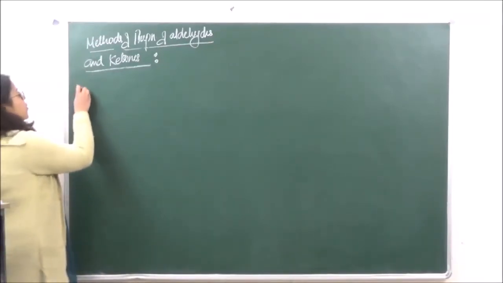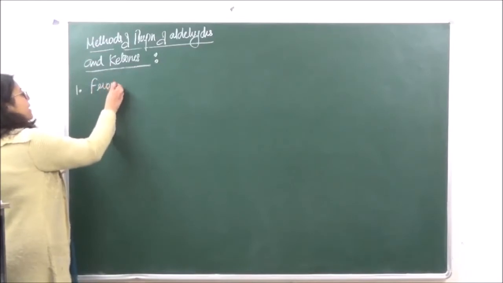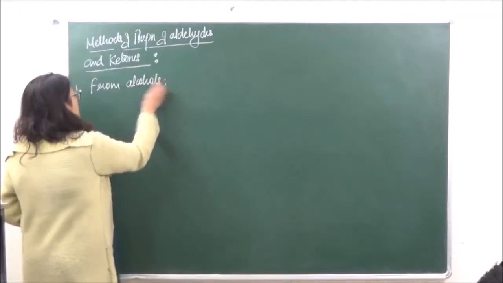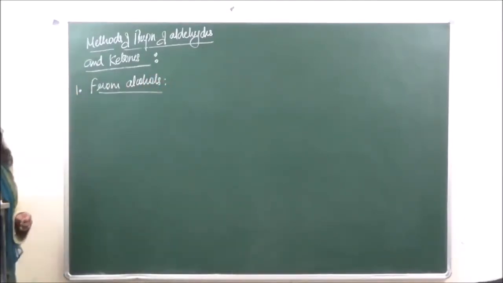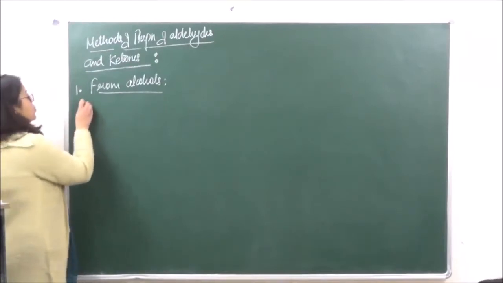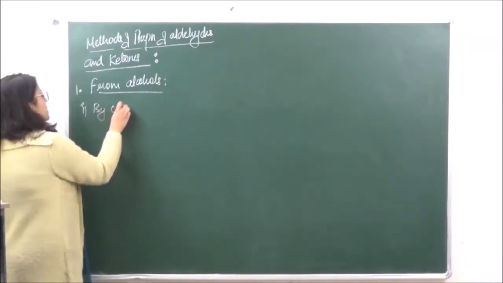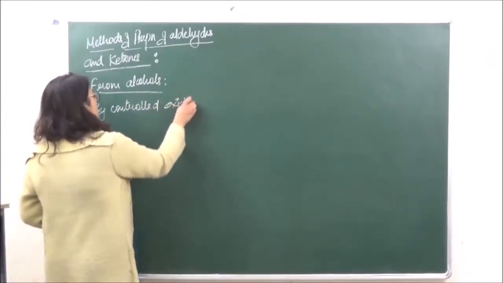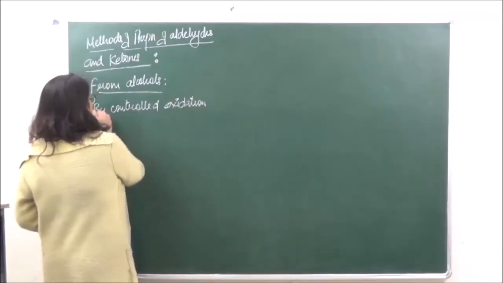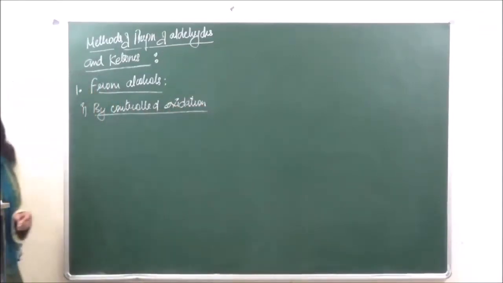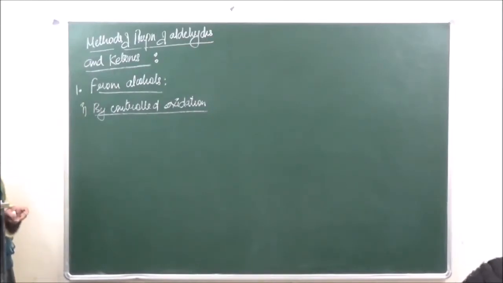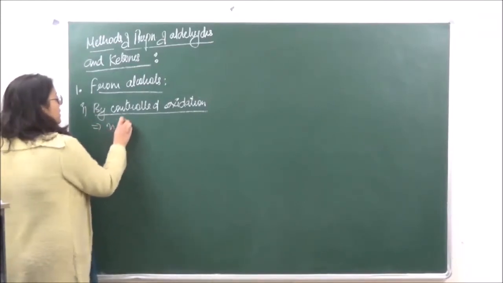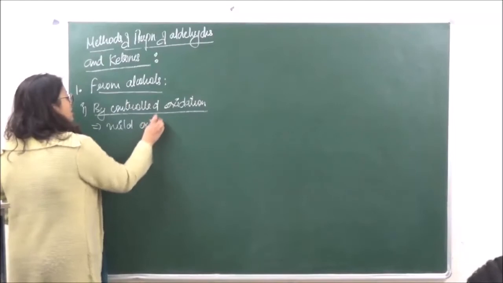The first method is preparing aldehydes and ketones from alcohols. How do we prepare them from alcohols? The first method is by controlled oxidation. Controlled oxidation means that here we are going to use mild oxidizing agents.